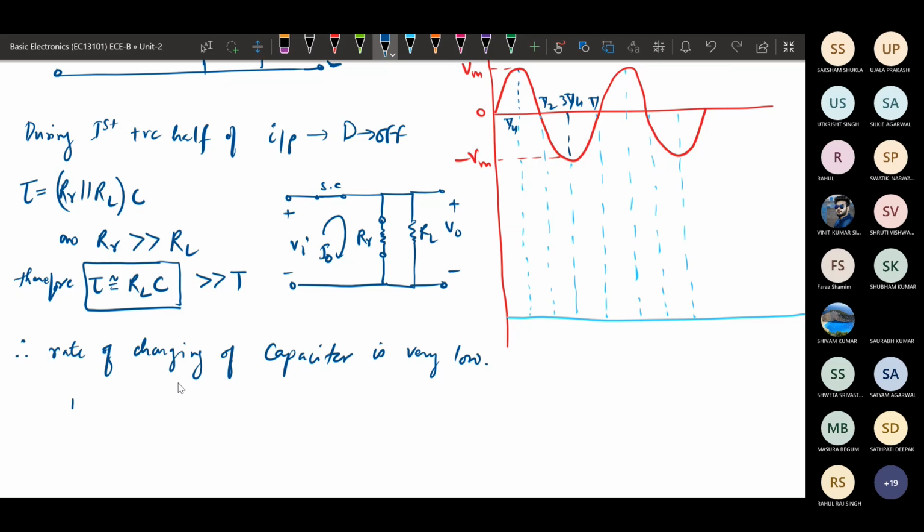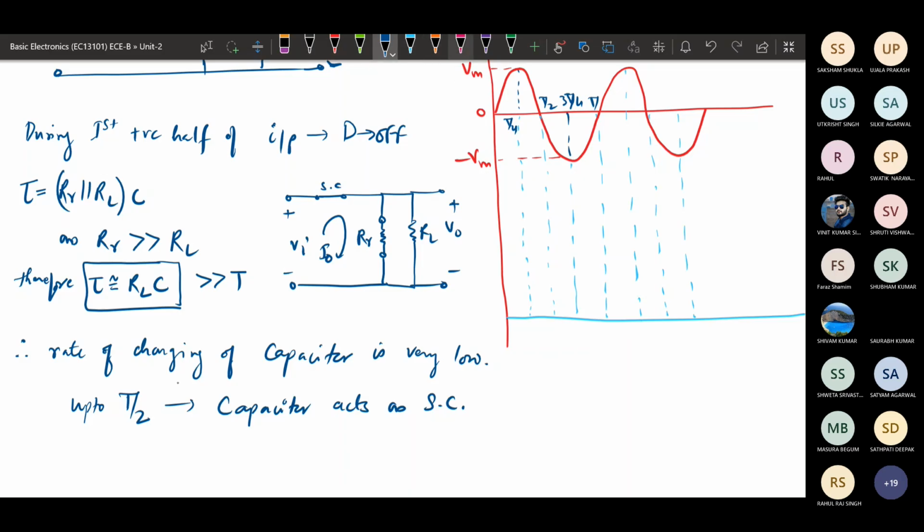Beyond T by 4, up to T by 2 time period, the capacitor acts as a short circuit. Up to T by 2 it will be charging, because the rate of charging is very low. That's why it will take a large time to charge the capacitor to a value that is Vm. So up to T by 2 the capacitor will be charging.